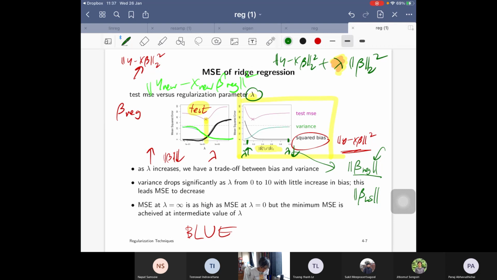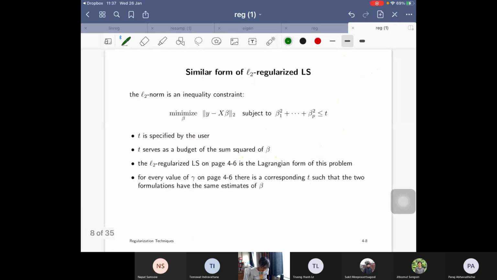So that's why the trend of the variance and the squared bias on the right-hand side is the other way around from the left-hand side. All right, those are some results from ridge regression.